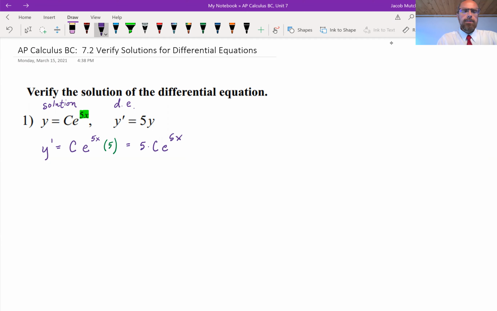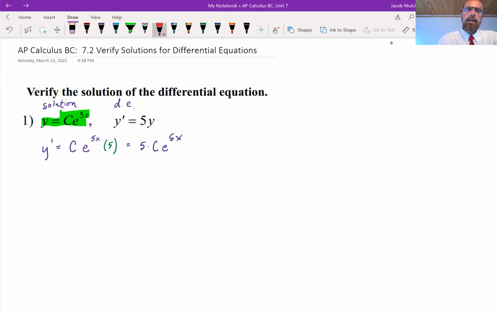Now, the claim here is that y prime equals 5 times y. That's what my differential equation is saying. And so what I need to make is essentially a substitution back in. The solution equation was giving me a definition for y, and that's saying that y equals c times e to the power of 5x.